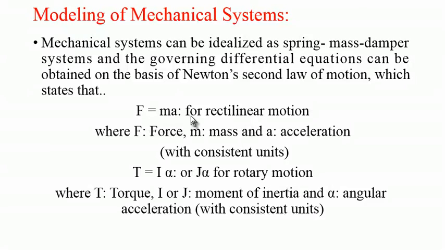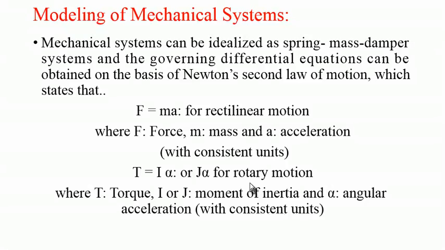F is equal to ma is for reciprocating or rectilinear motion. T is equal to I alpha or J alpha is for rotary motion. When we call a system a mechanical system, it should have either reciprocating or rotary motion.